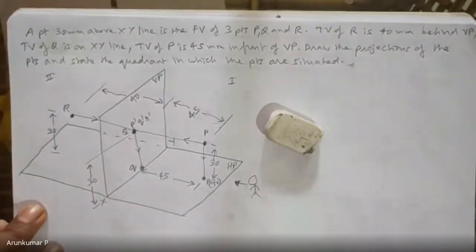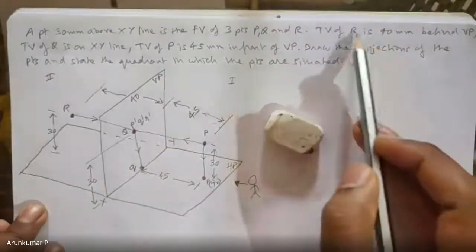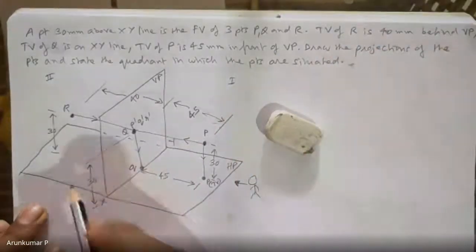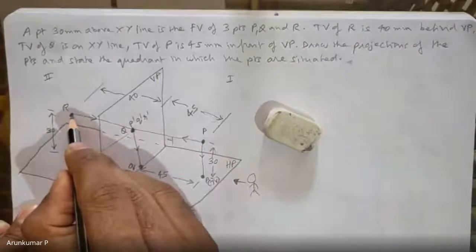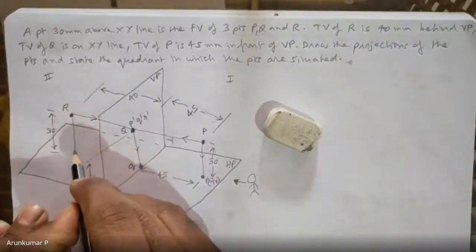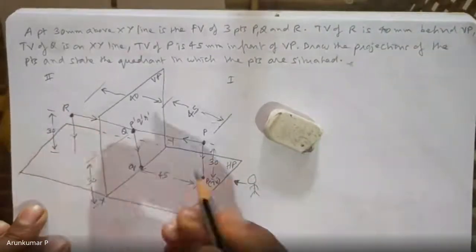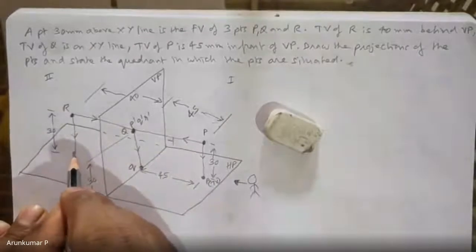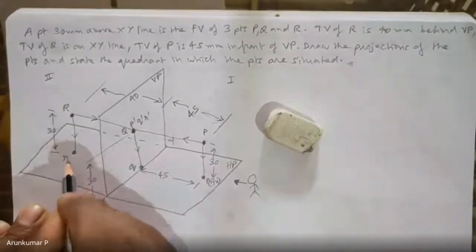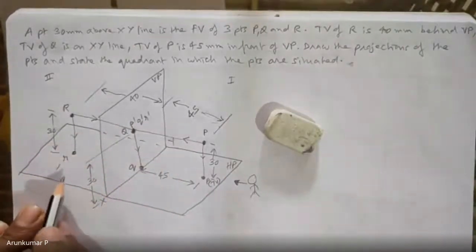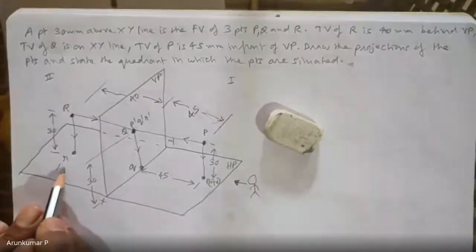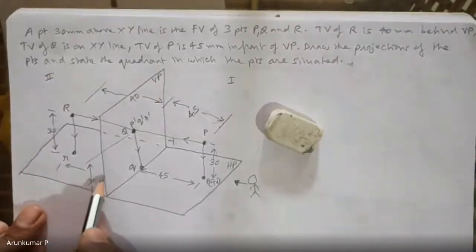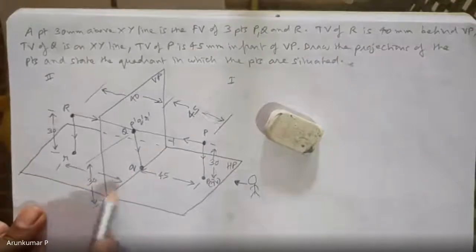Where is the top view of R? Top view of R should be 40 mm behind VP. Let us check it out. I'll draw the top view of R. So it may come somewhere here. What is this distance from XY line? 40 mm.